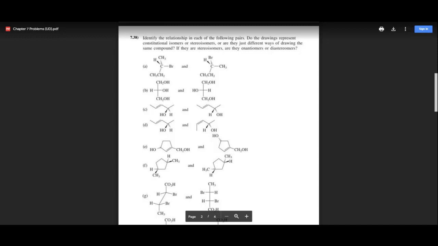All right, so let's look at the next one, B. The molecule on the left. So first of all, do these have the same number of atoms of each type? Yes. Are they connected in the same way?